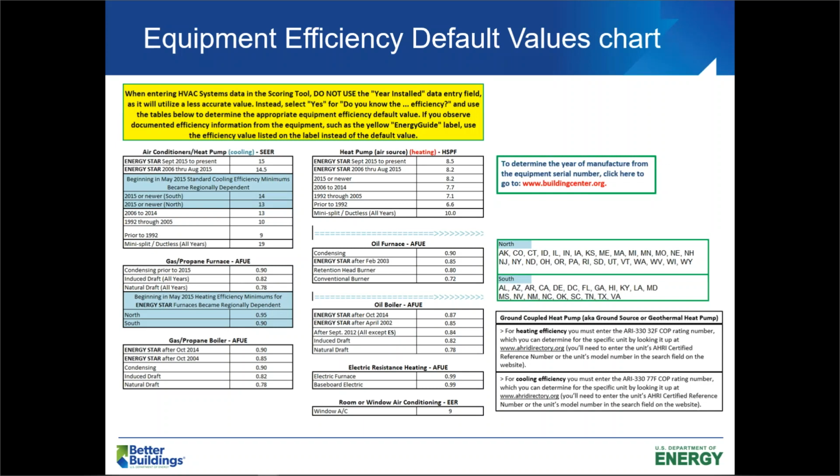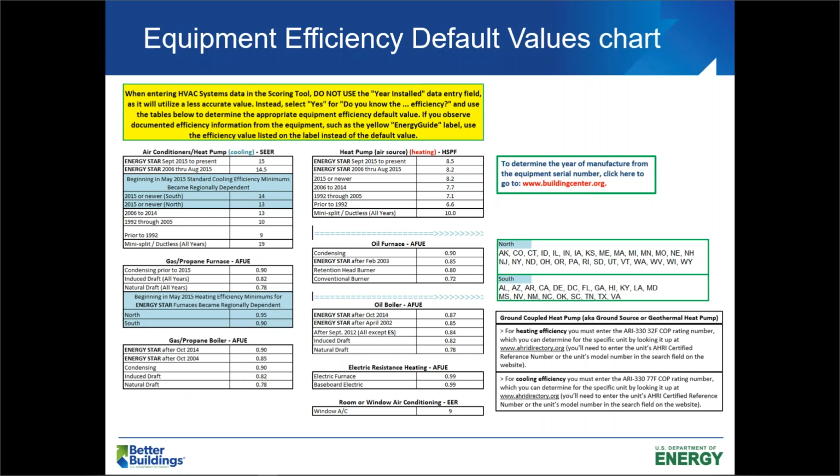Right. And further, as the box says, with this new guidance, you should not need to use the installation date. You should be using the efficiency date. These efficiencies do not align with the defaults that come out by putting in a date.